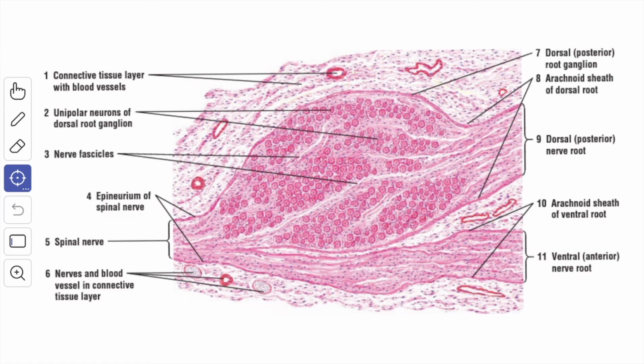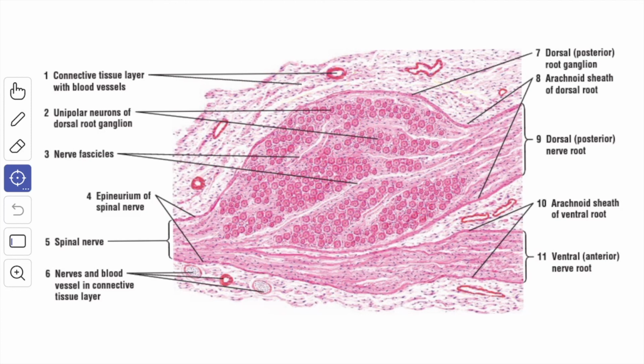So when you see the structure of the sensory ganglia, this is a histological picture of the sensory ganglia. In the hematoxylin and eosin stained section, the neurons of the sensory ganglia are seen to be larger and are arranged in groups, chiefly at the periphery of the ganglion.